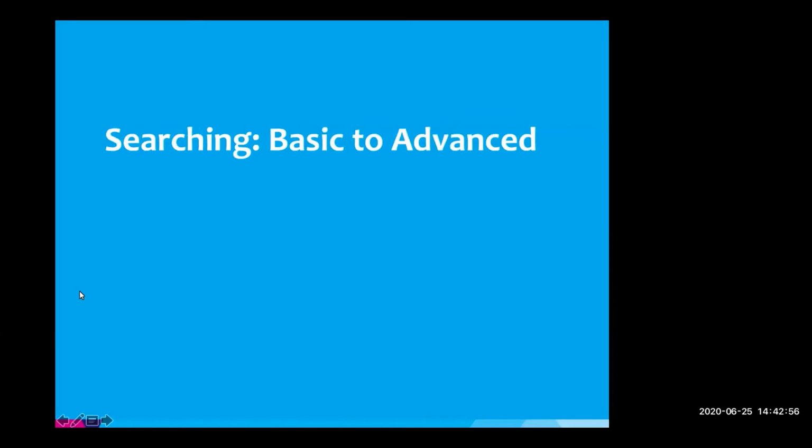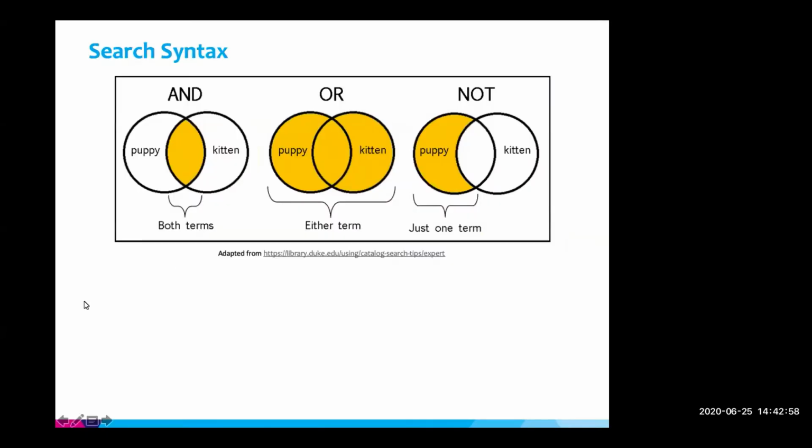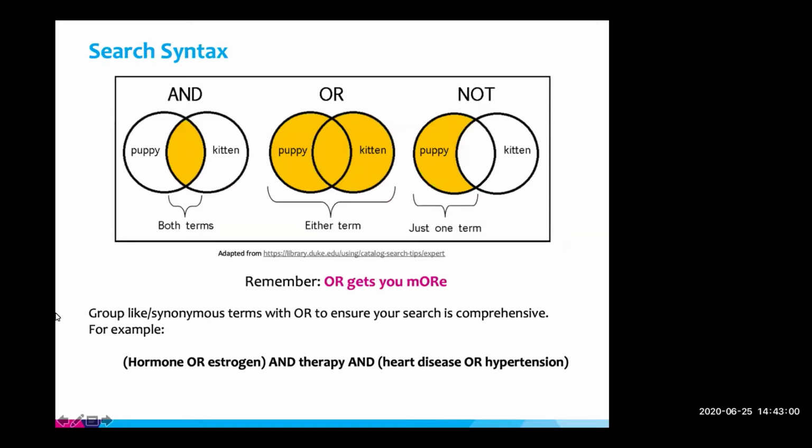So we're going to talk about searching. I am sure from looking at the advanced search screen on some databases, even if we've never actually employed these Boolean operators ourselves, although I'm sure many of us have, the and, or, and not are familiar to us.